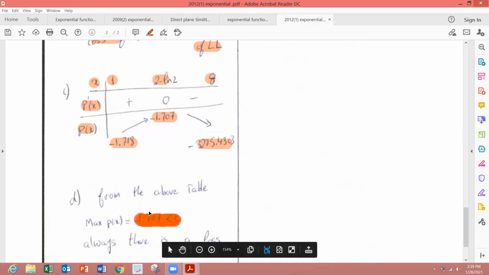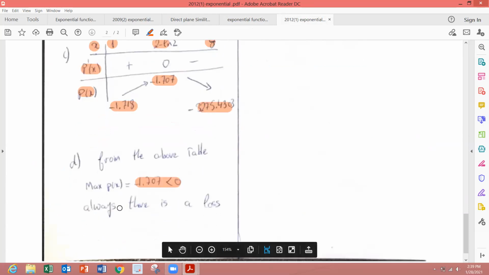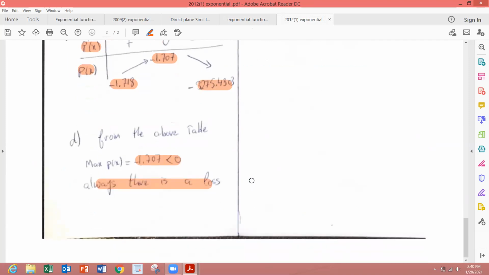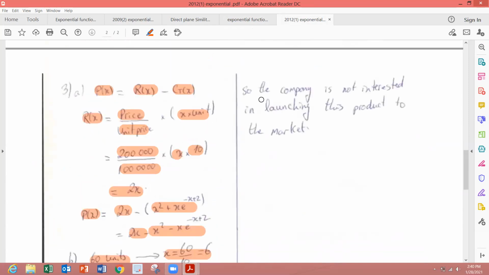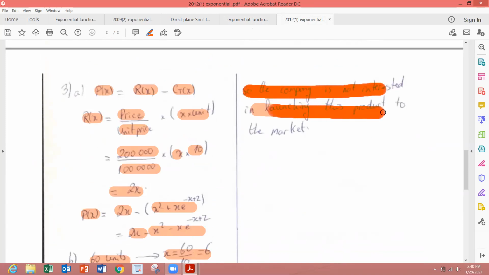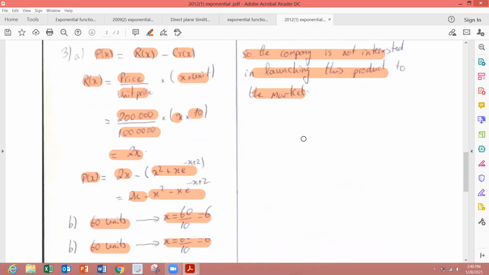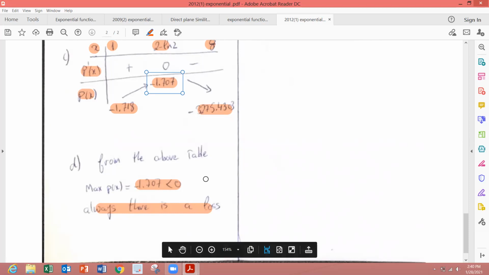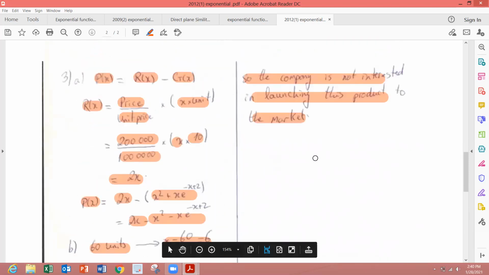What does that mean? Always a loss. There is a loss. So no, because the company doesn't want to lose. So the company is not interested in launching this product to the market.